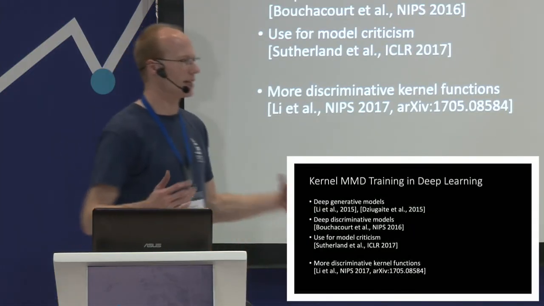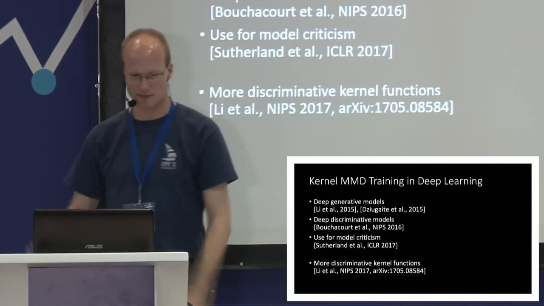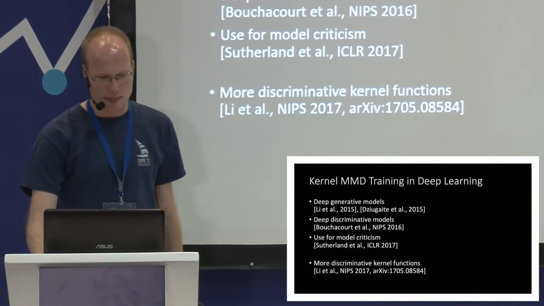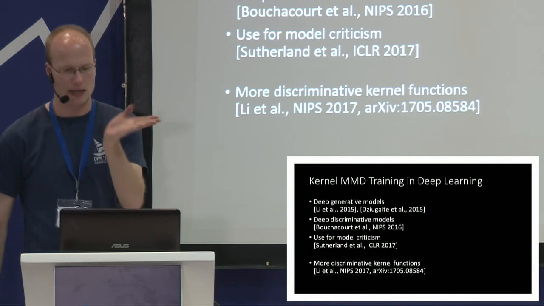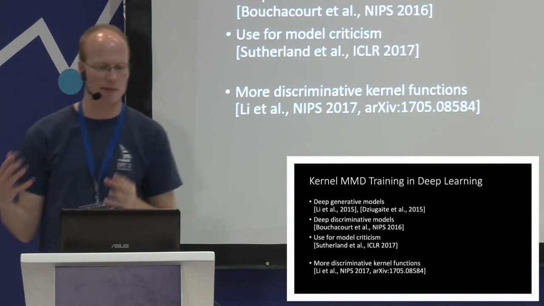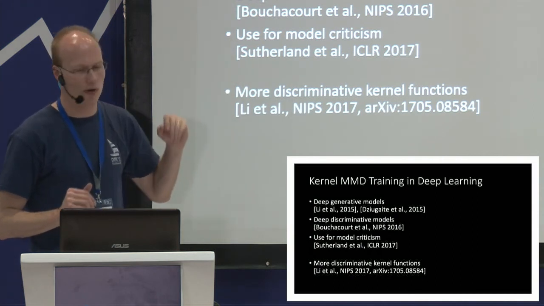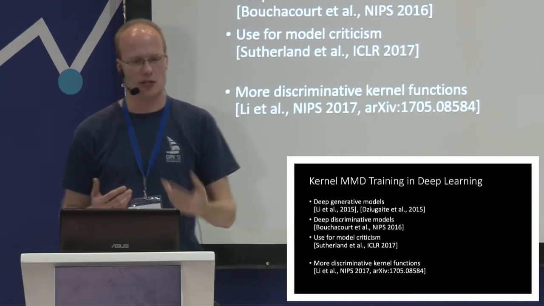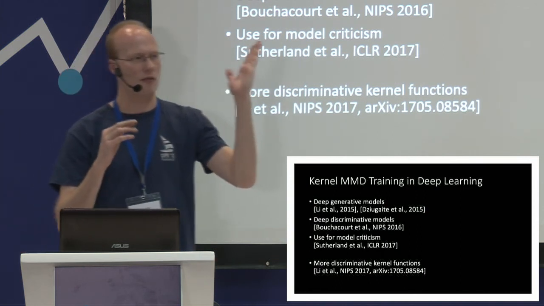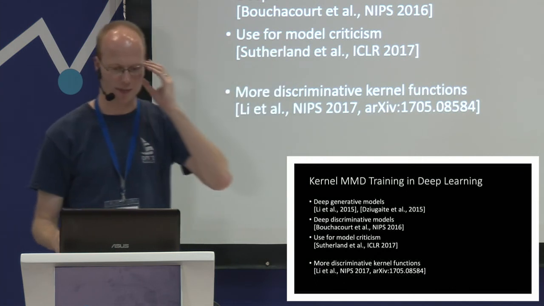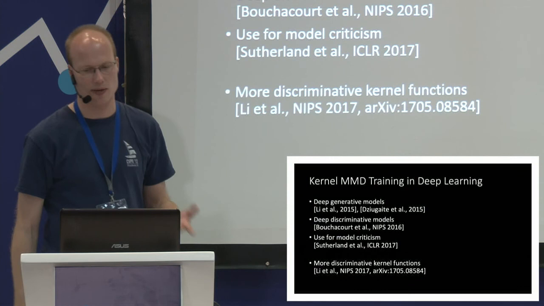I think it's very nice to see that kernel methods are useful for defining training objectives on deep learning models. And we had a paper in NIPS 2016 where we came, from a completely different angle that I will show you in a second, to the same objective function. And recently they have also been used for exposing deficiencies of deep generative models. Asa had an example where the slant of one digit in MNIST was exposed by these tests. And there's some ongoing work on how to get more discriminative kernels.